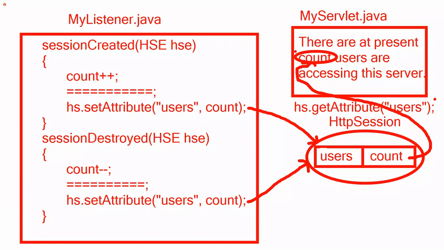From listener to session, set attribute. From session to servlet, get attribute. Yesterday servlet context, today HTTP session. That is the difference. That is also memory, this is also memory, but different. It is a session variable, whereas that is a context variable, like a context parameter.